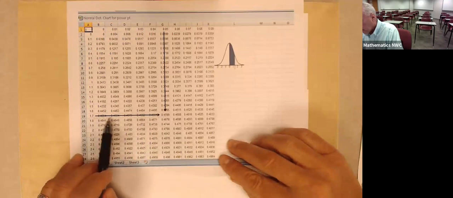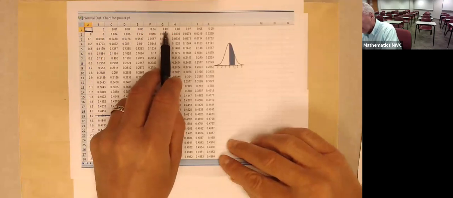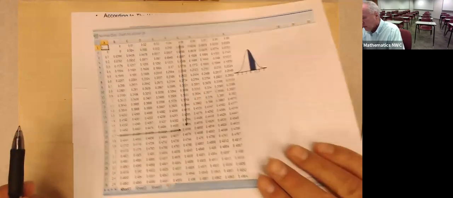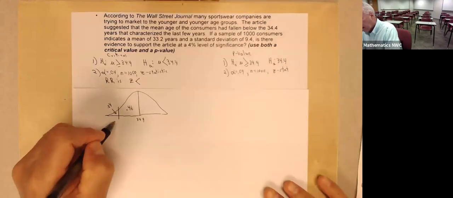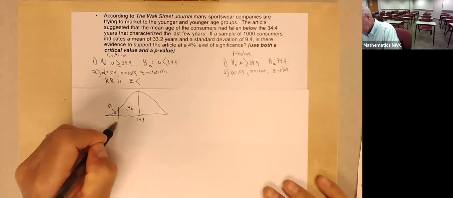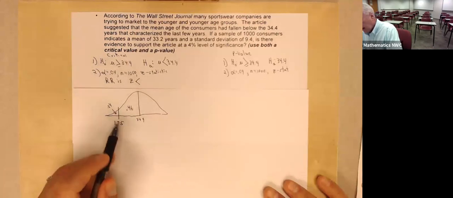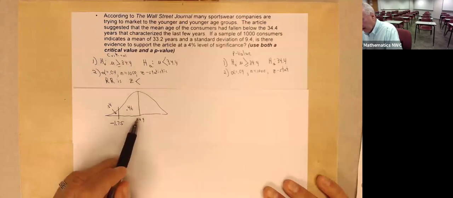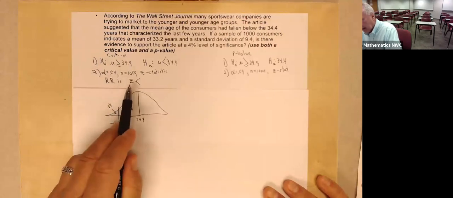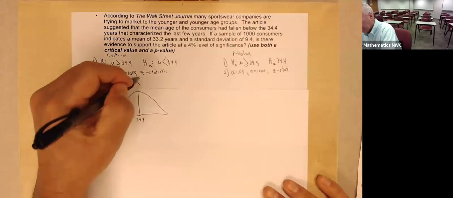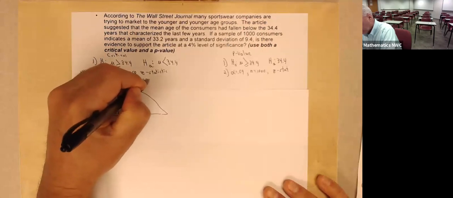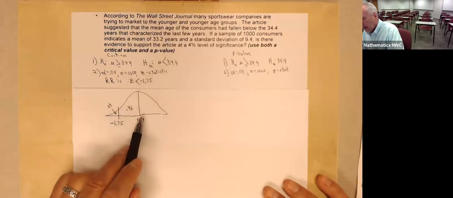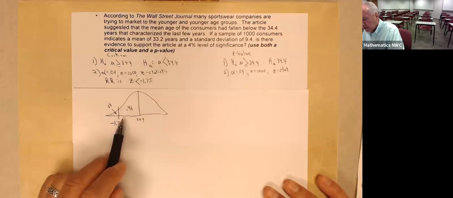Its Z-score is 1.75. That's the Z-score that I'm putting right here, 1.75. It's on the left side, so it's negative. If my Z is less than negative 1.75, then I would have sufficient evidence to reject.